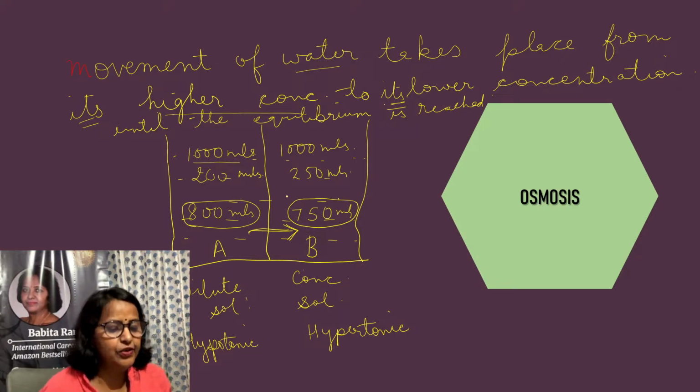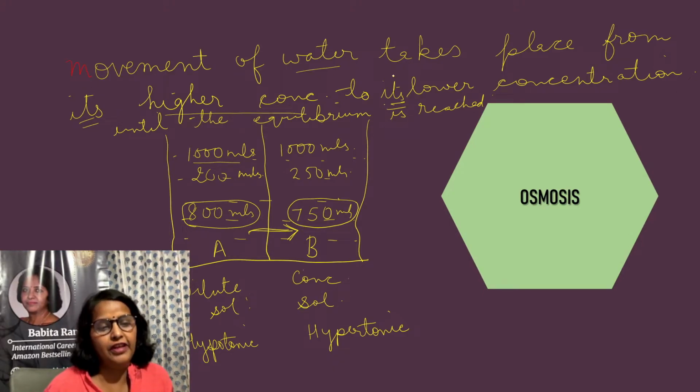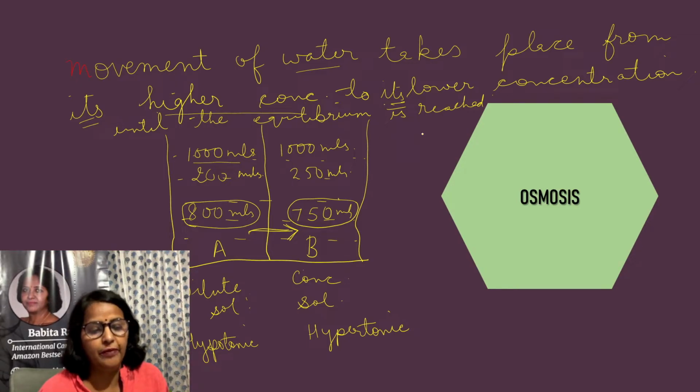In this case, you see that movement of solvent is taking place from hypotonic to hypertonic. So osmosis can also be defined in this way, but you have to remember the definition given in the NCERT, that is, movement of water takes place from its higher concentration to its lower concentration until the equilibrium is reached.